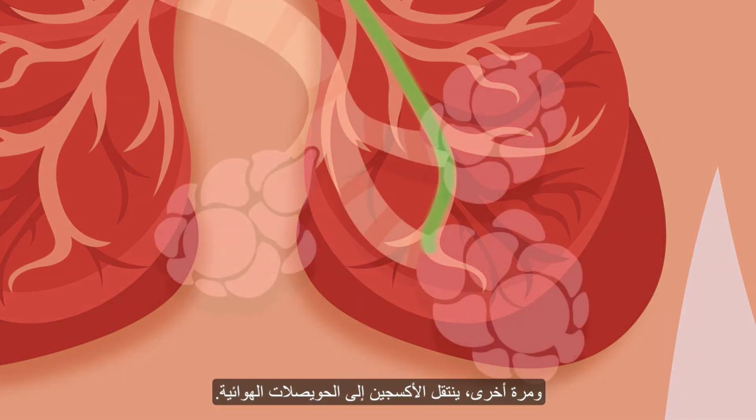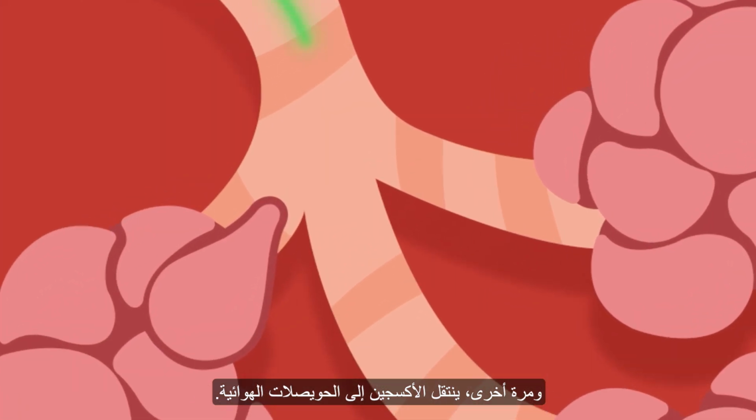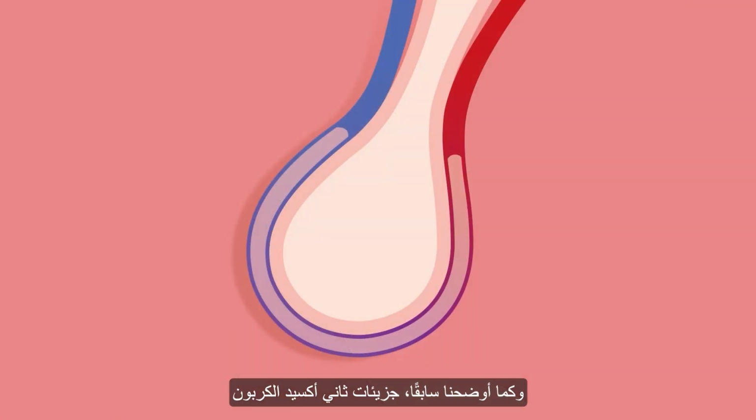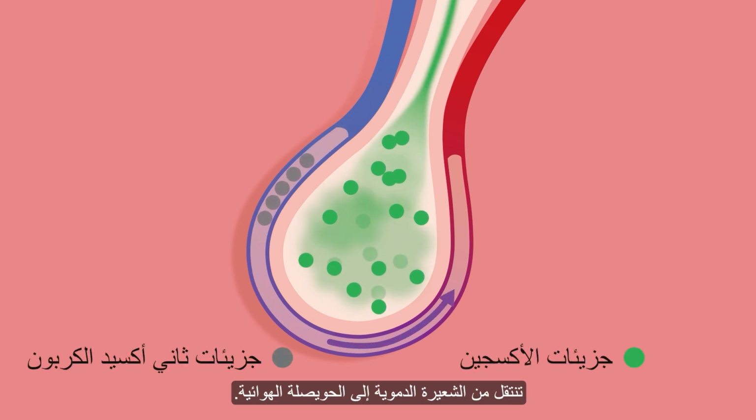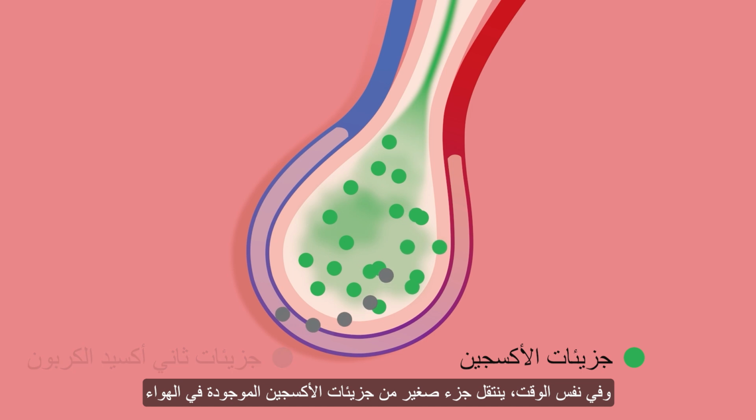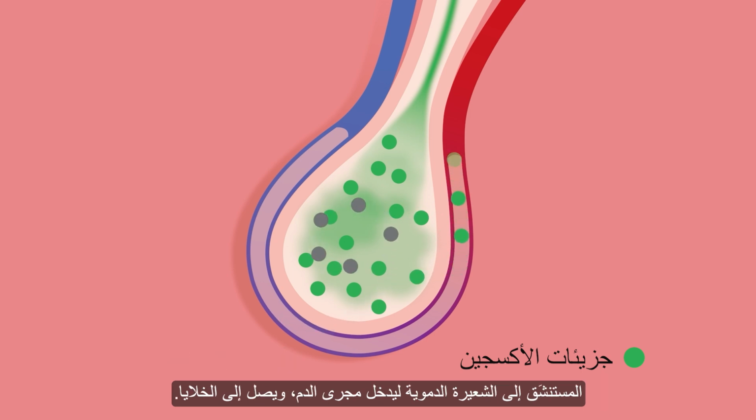Again, the oxygen travels to the alveoli. And as before, molecules of carbon dioxide move from the capillary into the alveoli. At the same time, a small volume of oxygen molecules in the inhaled air move into the capillary to enter the bloodstream to be delivered to the cells.